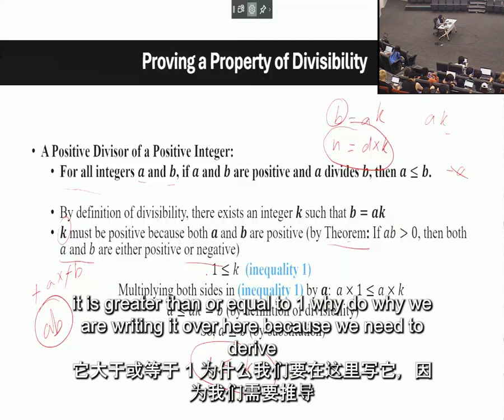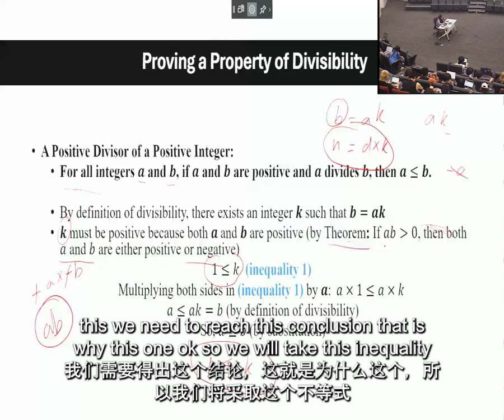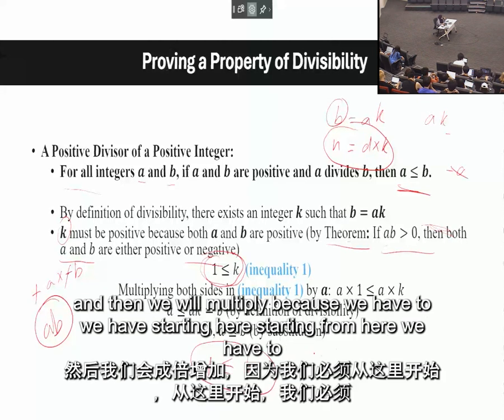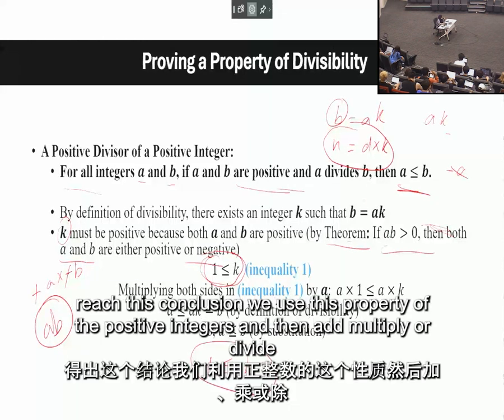Why are we writing it over here? Because we need to derive this; we need to reach this conclusion. So we will take this inequality and then multiply, because starting from here, we have to reach this conclusion.